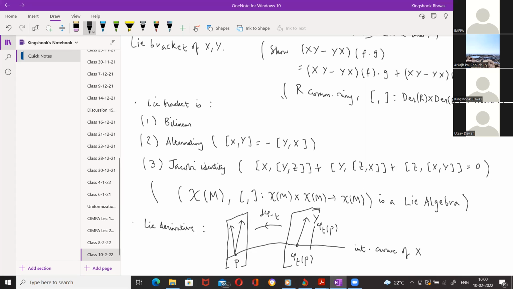Then I take the difference of these two vectors. This tends to 0 as t tends to 0, but the difference is first order in t. So what I do is I divide by t and I take the limit as t tends to 0.